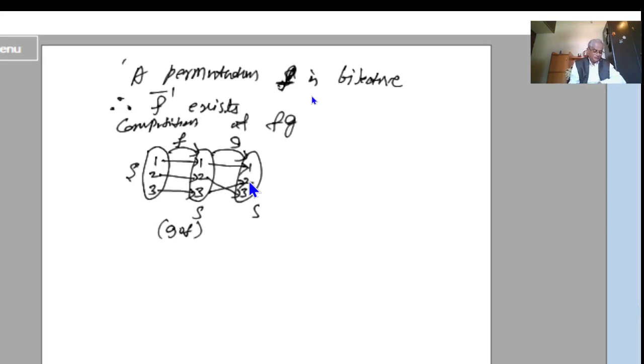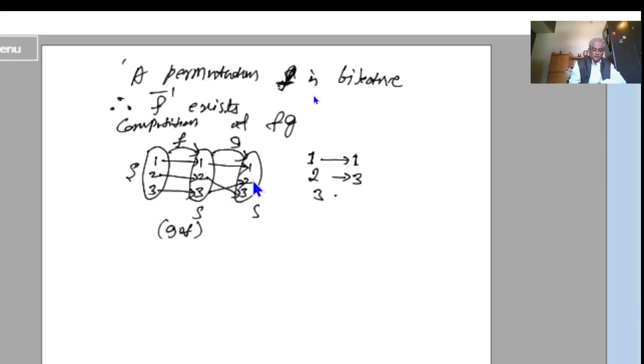Here, 1 goes to 1 and this 1 goes to 1. Finally, 1 goes to 1 itself. Next, 2 goes to 2, then 2 goes to 3, so finally 2 goes to 3. 3 goes to 3, then 3 goes to 2, so finally 3 goes to 2.